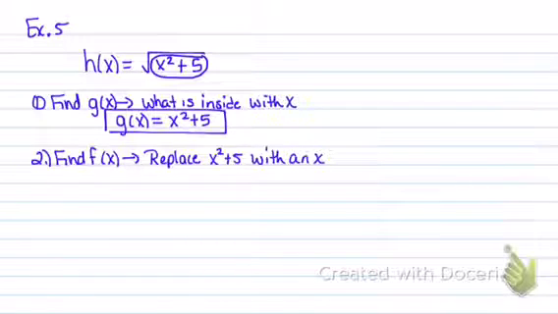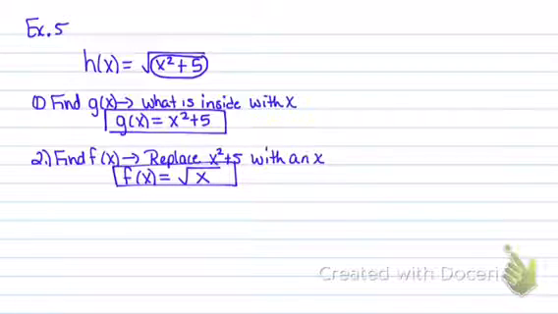All right, so f of x will equal, we still have our square root, but notice what's underneath there was the g of x. So I'm just going to put an x in its place. And so that gives us our f of x. And so we decomposed those functions. We found what two functions, if we put them together, would give us a composition.